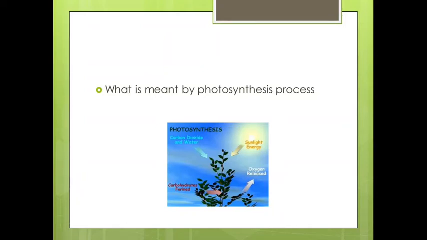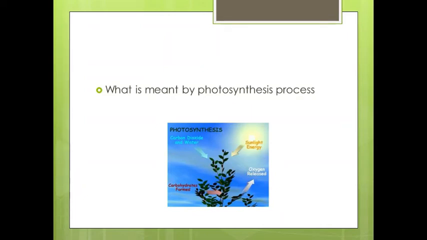Okay, before starting with how this process is happening, by these green parts, the plant absorbs two things: carbon dioxide and sunlight. By carbon dioxide and sunlight, the plant carries out the photosynthesis process and will give us two things: starch and oxygen gas.